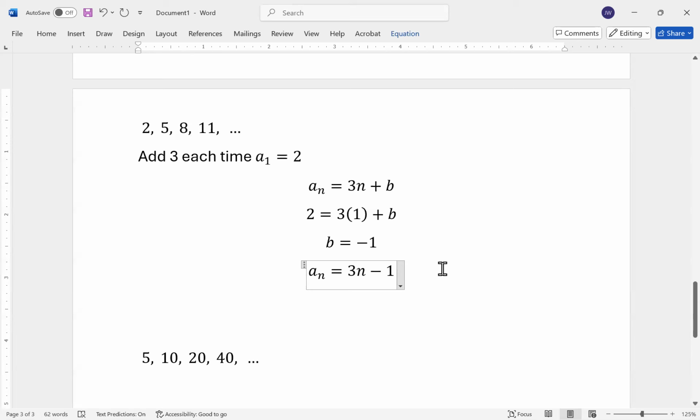Again, I can either write that as a sub n is equal to that expression, or I can take squiggly brackets and write 3n minus 1 inside the squiggly brackets. Either way is perfectly fine. I tend to write the a sub n is equal to.